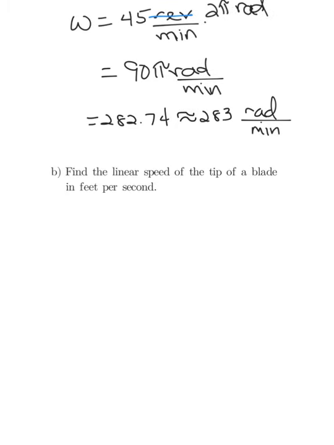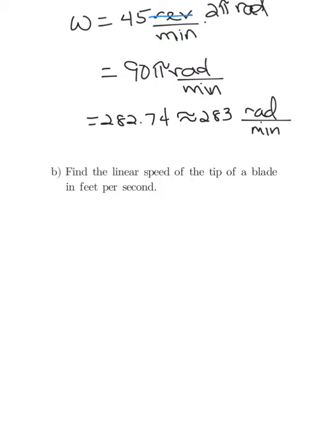Part B of this problem says find the linear speed of a tip of a blade in feet per second. So if you just think about the single point on the tip of a blade, how fast is it making a circle in feet per second?